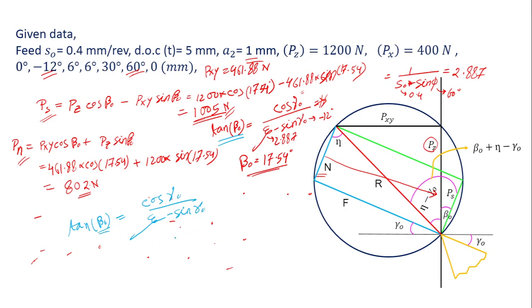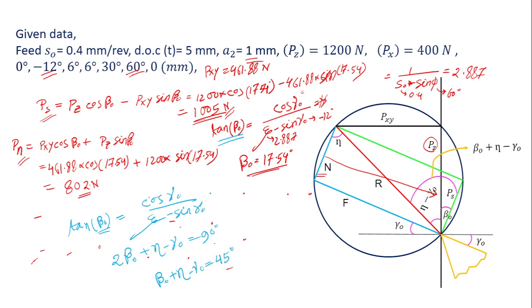What are those options? First option is that we know there is an equation 2 beta naught plus eta minus gamma naught is equal to 90 degree. We have another equation, beta naught plus eta minus gamma naught is equal to 45 degree.